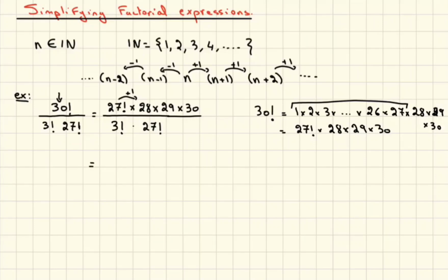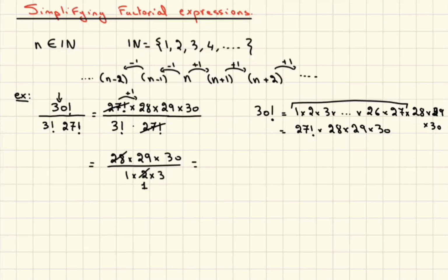And as you can notice, we have 27 factorial, 27 factorial. We can simplify. So we're left with 28 multiplied by 29 multiplied by 30 over 3 factorial, which is 1 multiplied by 2 and by 3. Now I check here, can I simplify? Yes, I notice we have 2 and 28. So divide by 2 by 2.